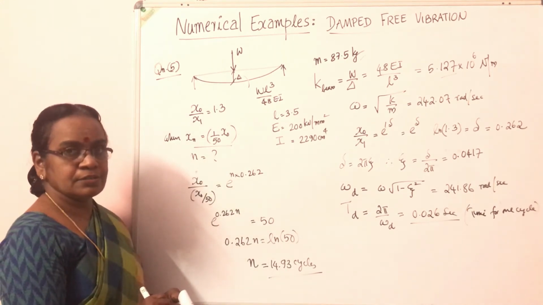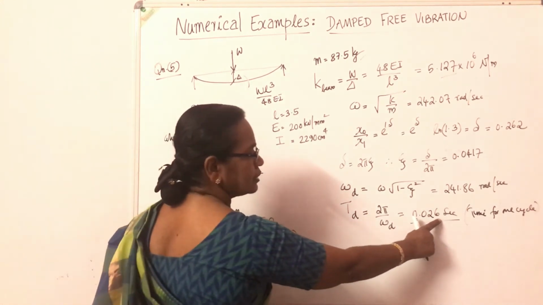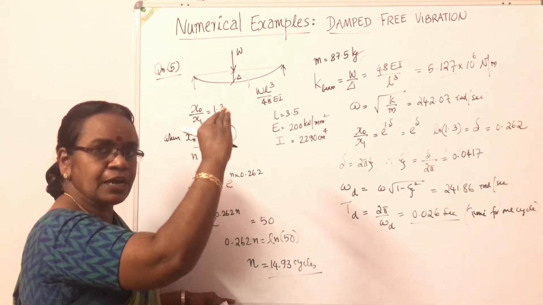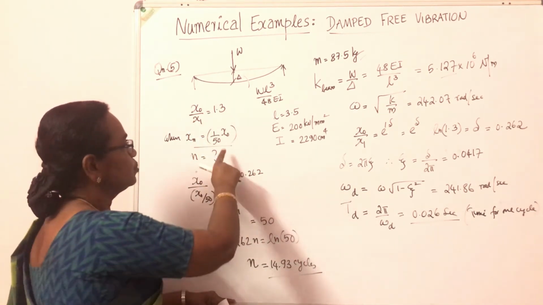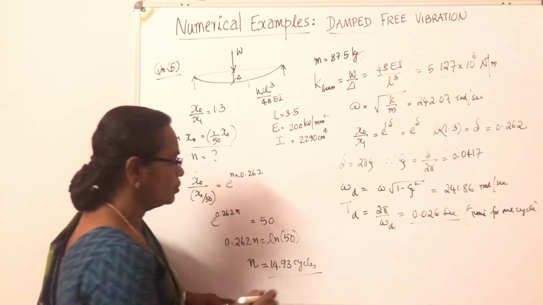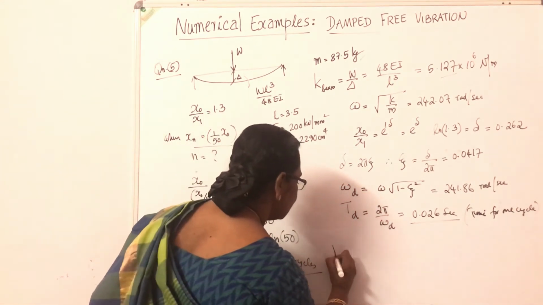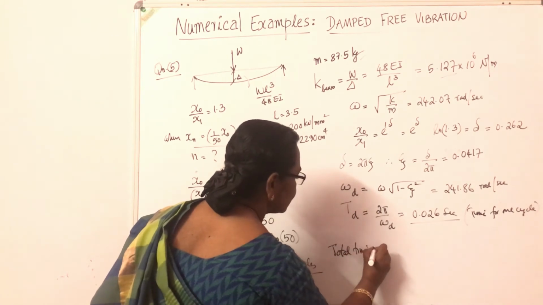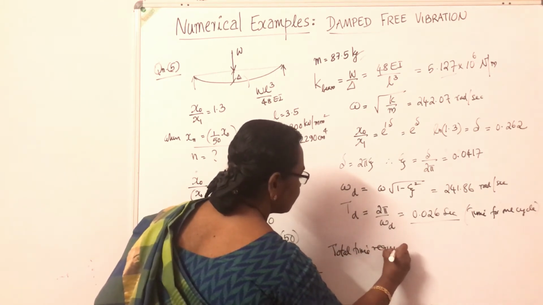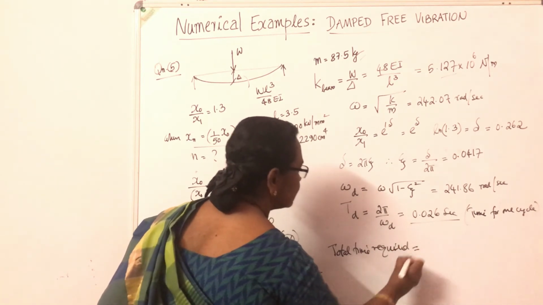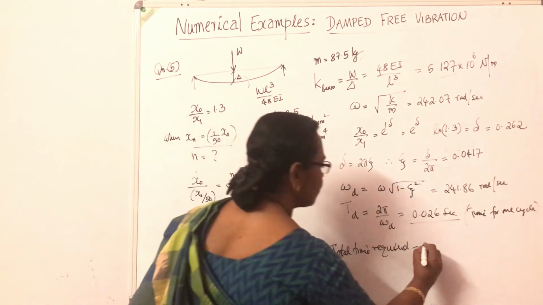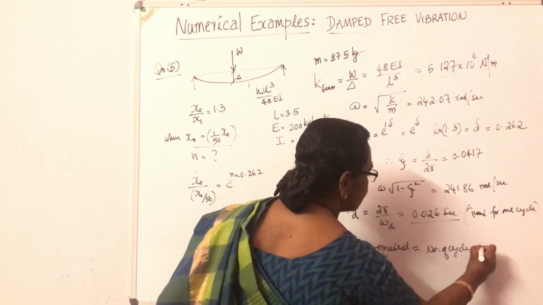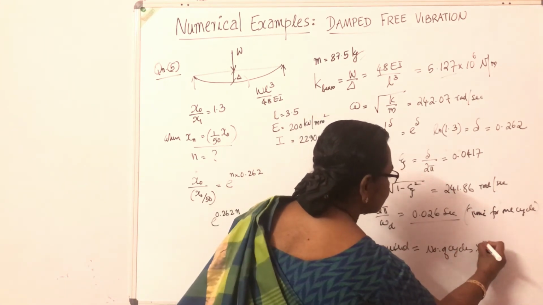So the amplitude gets reduced to 1/50th of the initial amplitude in 14.93 cycles. The time required for one cycle is 0.026 seconds. So to reduce the amplitude to 1/50th of the initial value, the total time required will be equal to the number of cycles into the time for one cycle.